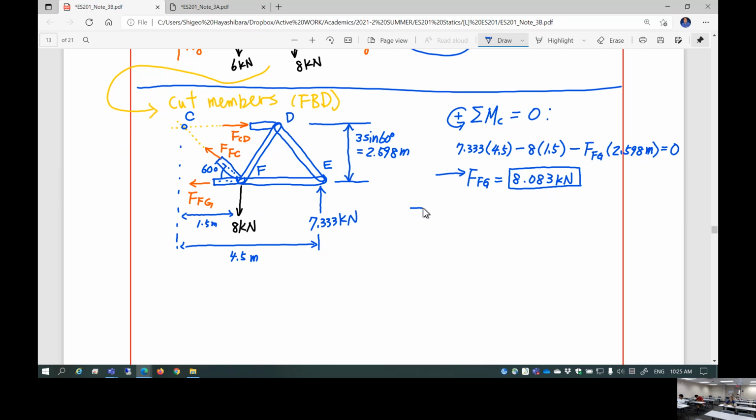And next is obviously, if you do summation of the force, either X or Y is fine, but let's just use X. Summation of all the forces in X direction set equal to 0, you are going to have FCD minus FFC. This is what? Cosine or sine or what? Cosine. Okay. So FFC sine 60.